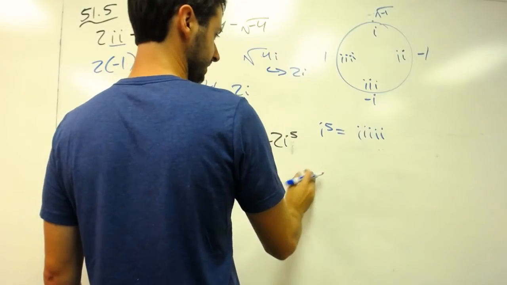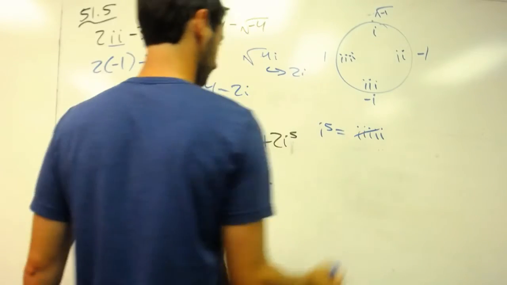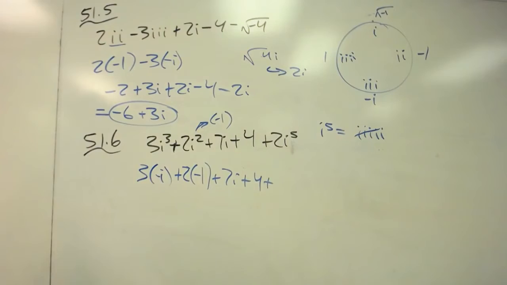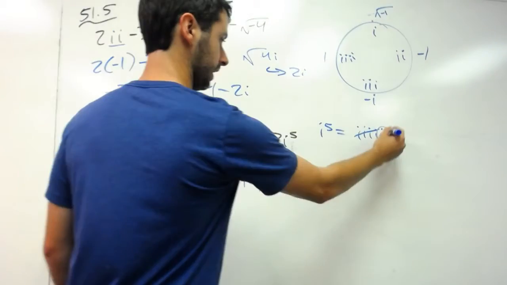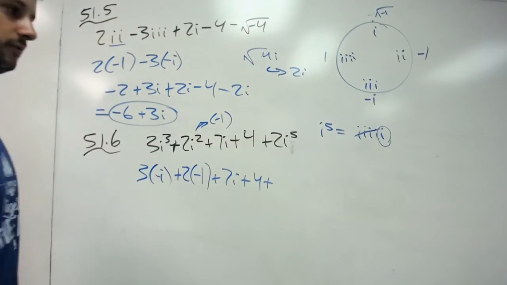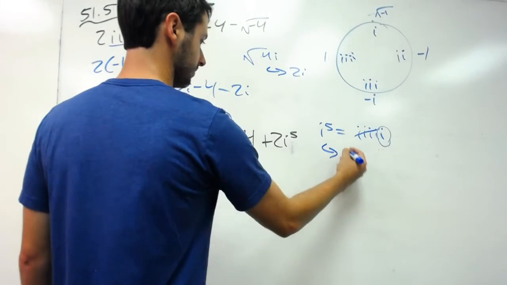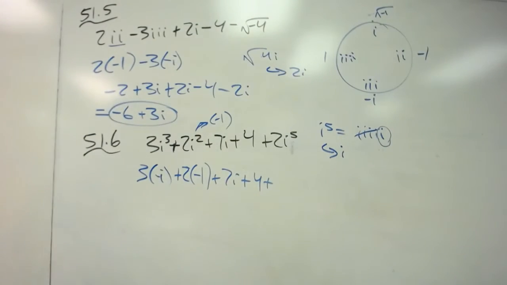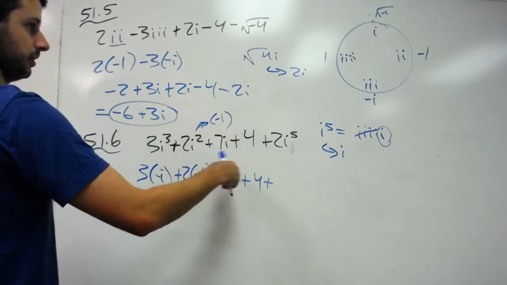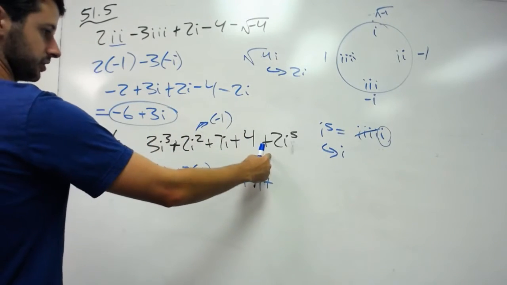So basically, I can cross out 4 of those i's and be left with just 1 i. So i to the fifth, we could say, is i. It would go in an endless cycle. i to the sixth would be negative 1. i to the seventh would be negative i, and so on and so forth. So therefore, this would become 2i.